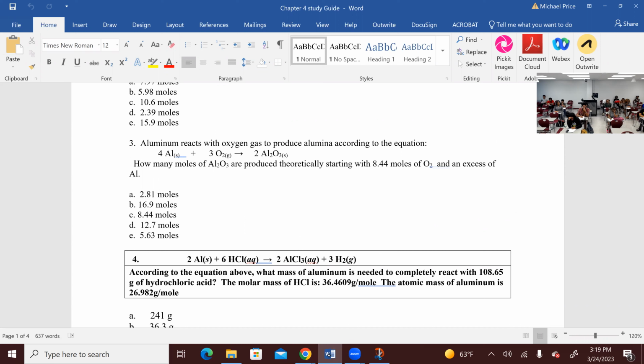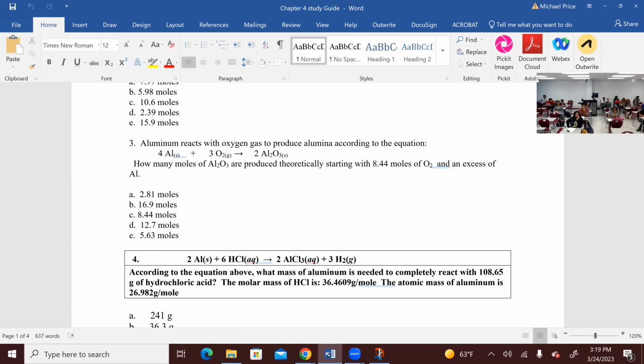Now they're asking you for alumina. So they give you moles of oxygen and they're asking you for moles of alumina. So I'm going to take this 8.44 moles of O2 and multiply it by what and divide it by what?